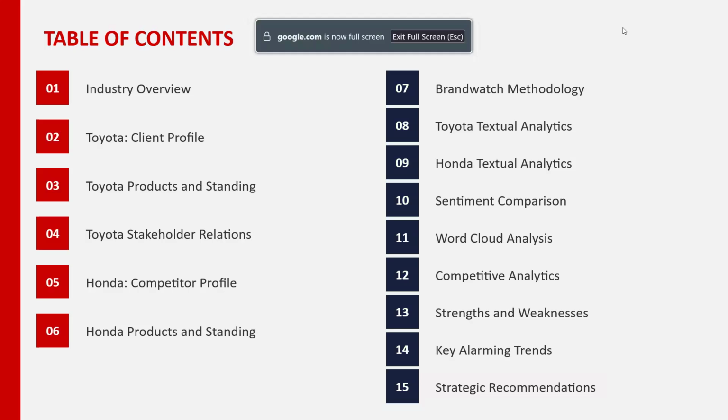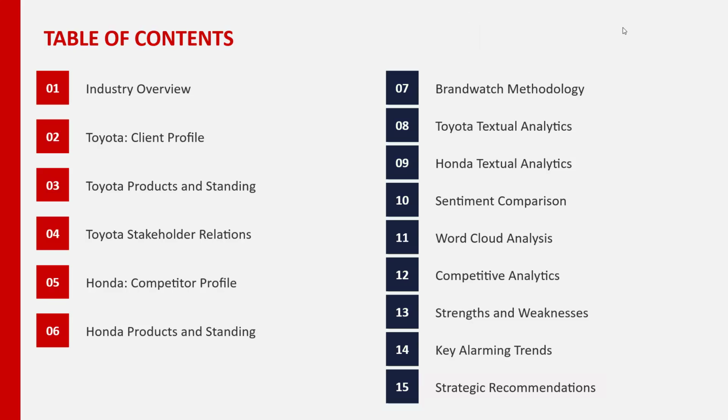So right now what we have is our table of contents right before we dive in. Just a quick roadmap of what we'll cover today. We will begin with the automotive industry landscape, then look at Toyota and Honda individually, as you can see here, their founding, products, and stakeholder relationships.